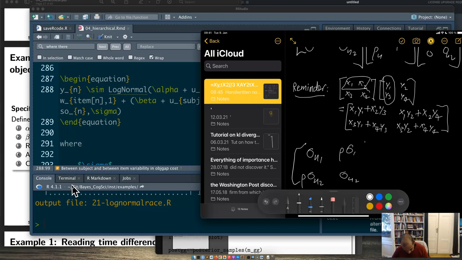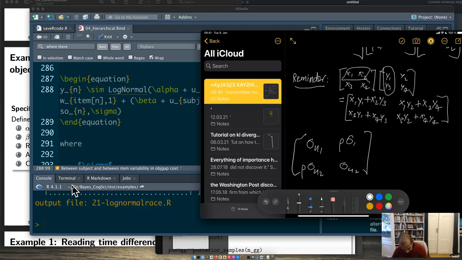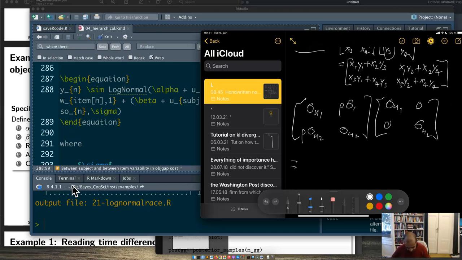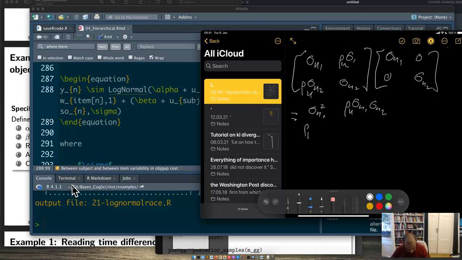You see where this is going now. Then I multiply this with the remaining diagonal matrix, sigma u1 0 0 sigma u2, and lo and behold, I get sigma u1 squared, then rho u sigma u1 sigma u2 on the off diagonals, and sigma u2 squared.